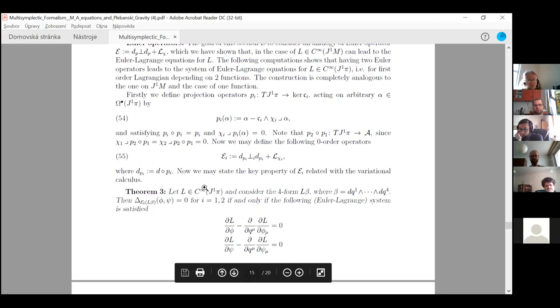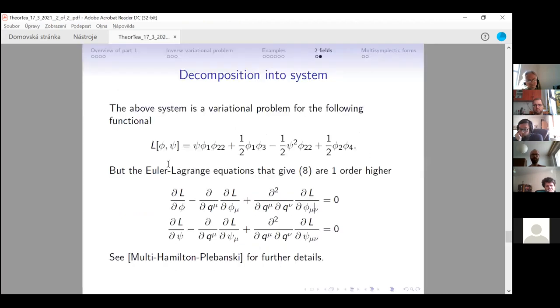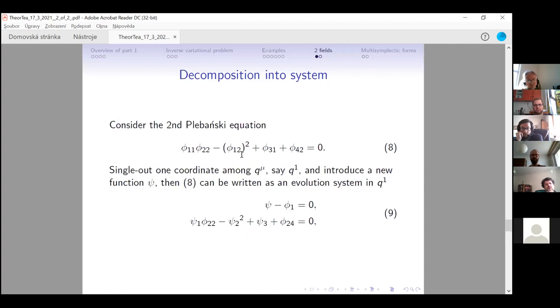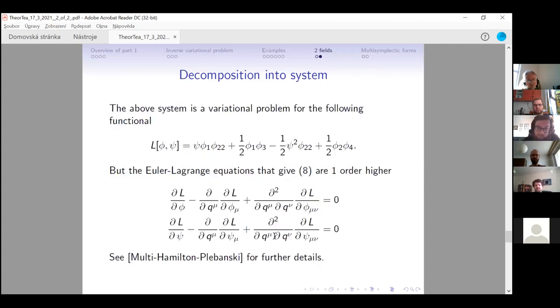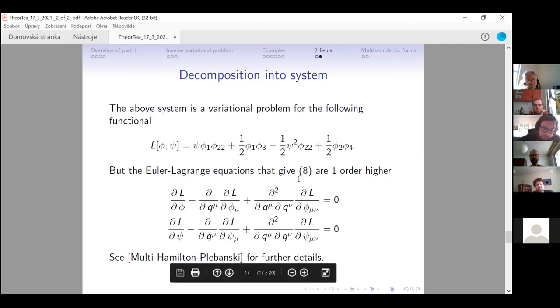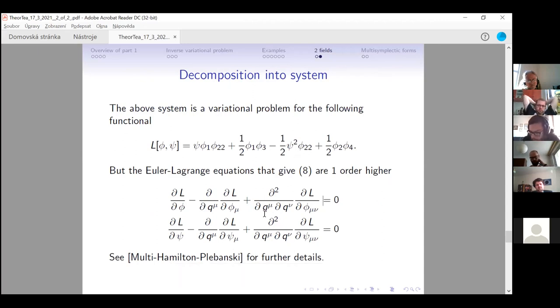So this approach, although if we consider the composition for the second Plebanski like this, then we have a Lagrangian, but the naive method of extending the above method to more fields will not work here. Well, that's the drawback.